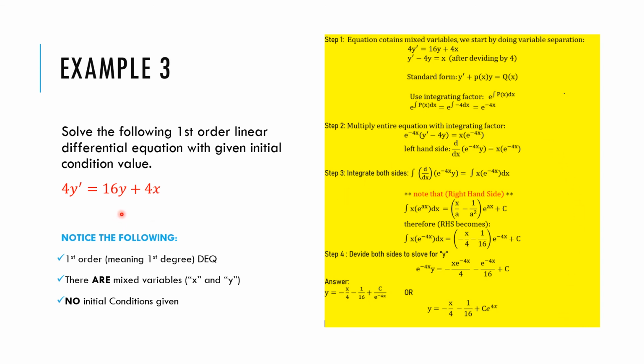In the one that we couldn't really separate any further or factor out anything, we ended up using the standard form, and we also introduced the integrating factor. Those are the only two new things that we learned in the third example. And that brings us to a conclusion of the first order linear differential equation.